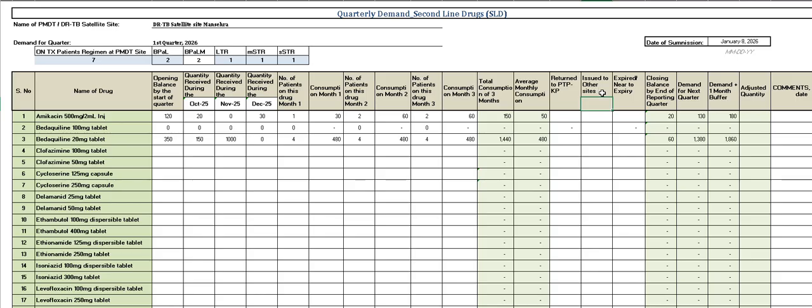Many times we do this practice that in case we don't have the stock at the provincial warehouse, or for some other reason, we request one site to share its extra stock with the other site, so that the treatment of the patient is not interrupted. So this should also be there. By using this, we have to change the formula here.